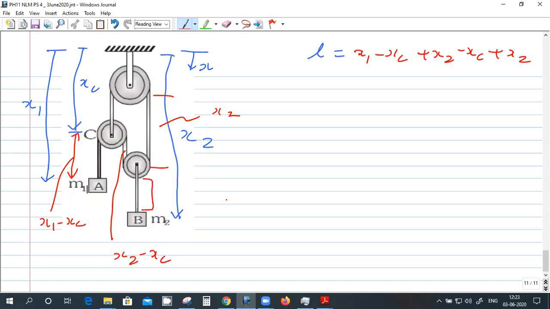See, the string is this one. It goes like this, like this, and then like this. That is the full string. So this part is x1 minus xc, this is x2 minus xc, this is x2, and this above length is xc.